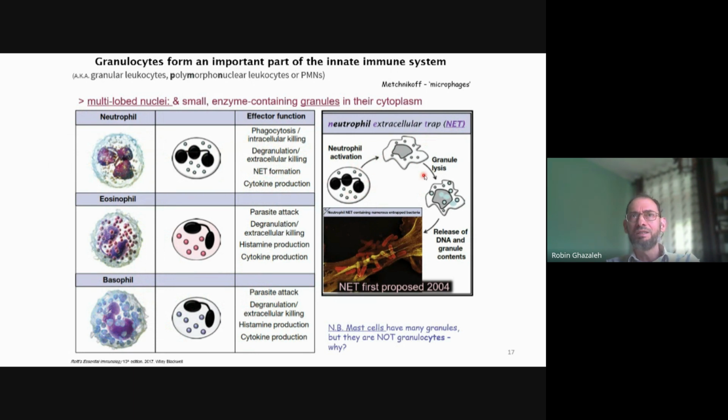They can be activated. Okay, we've got releasing of granules, and they also make a kind of a mesh, which you can't really see here. But this is a neutrophil, and surrounding it are bacteria that are trapped in a net, and it stands for neutrophil extracellular trap.